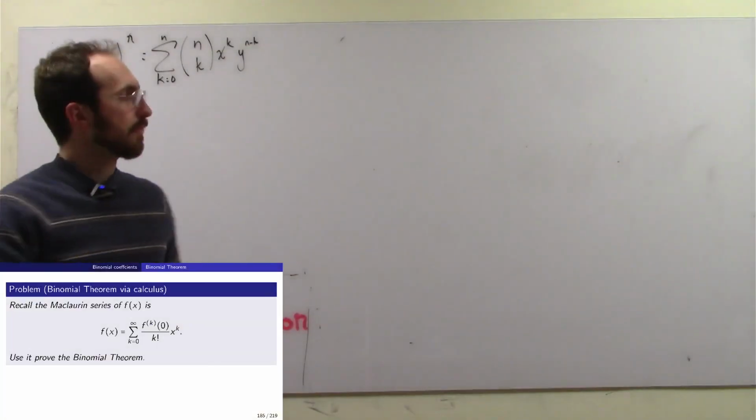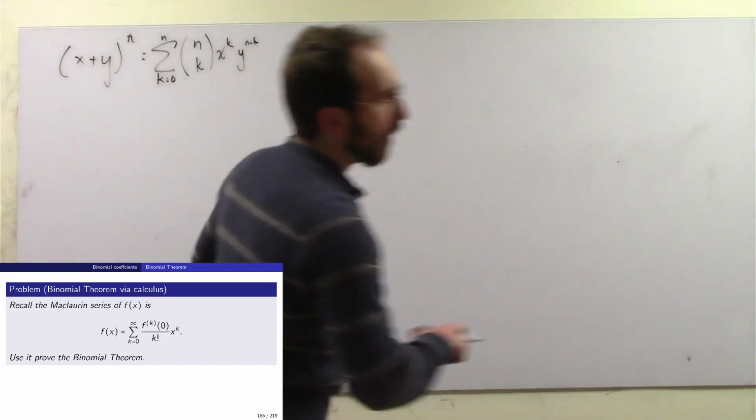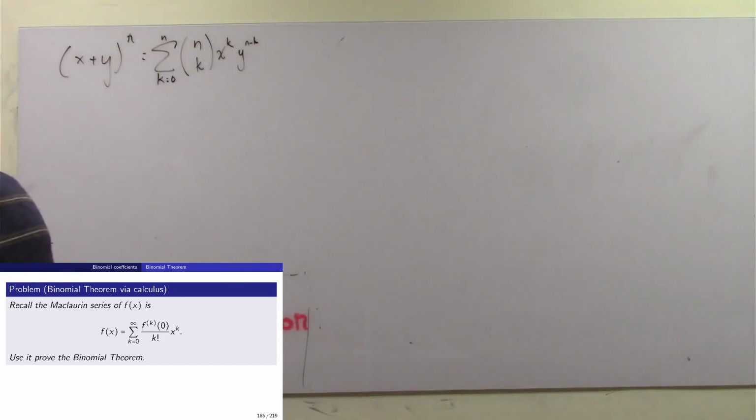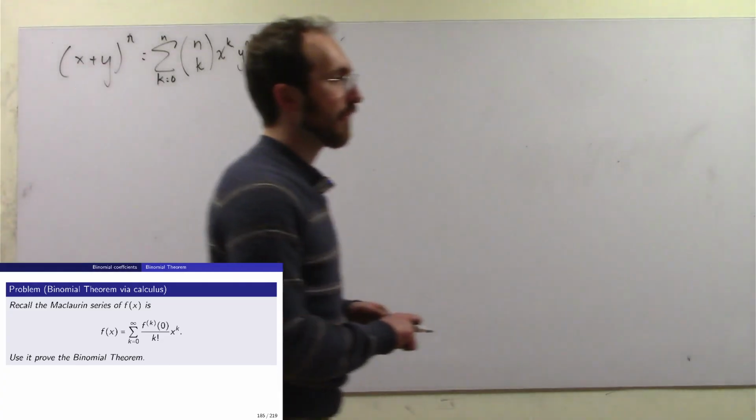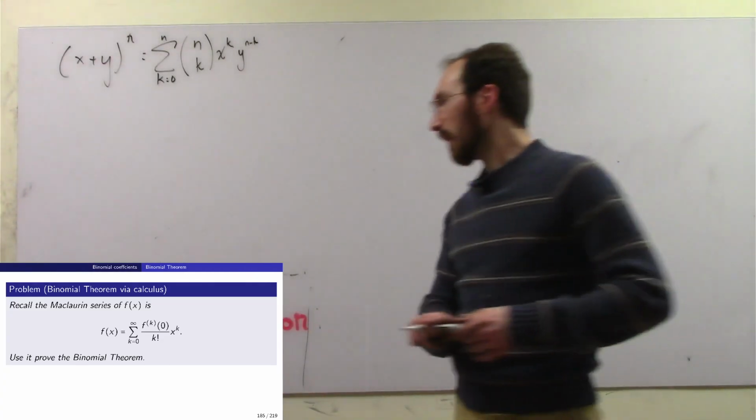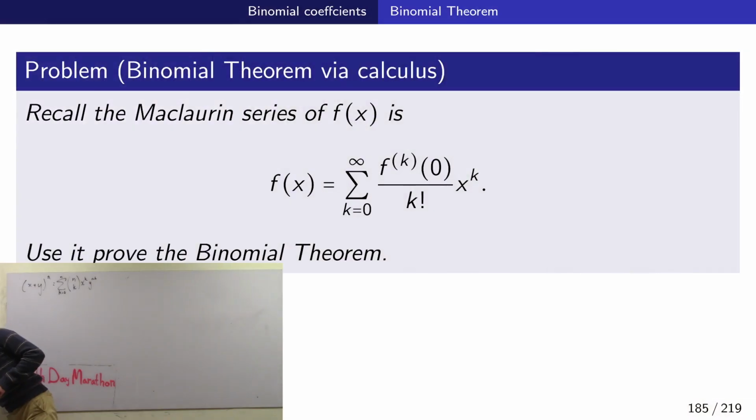Let's see what happens. So we are gonna recall that the Maclaurin series is given by this formula. What's this formula say? Let's actually pull this back up.